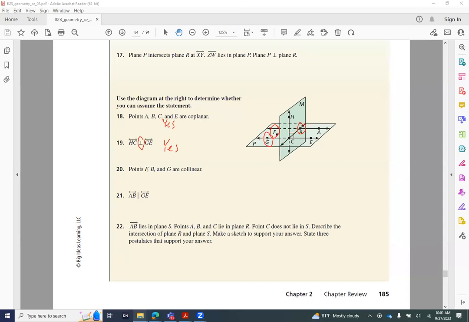But since there's not a line drawn through them, we can't really assume that. Now, using my line tool, I just want to see, does it look like they are? It looks like they're a little bit off. So even if it is drawn to scale, then we can say for sure that it's not collinear. But there's not enough information there anyway. So I'm going to say nope. Any 3 points have to be coplanar, but they don't have to be collinear.